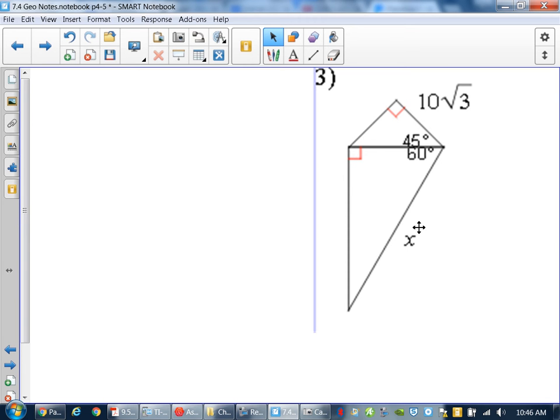All right, so in this one, we start with, let's see, we have 45, 45, 90, and the 30, 60, 90. You know one of your side lengths starts with the 45.